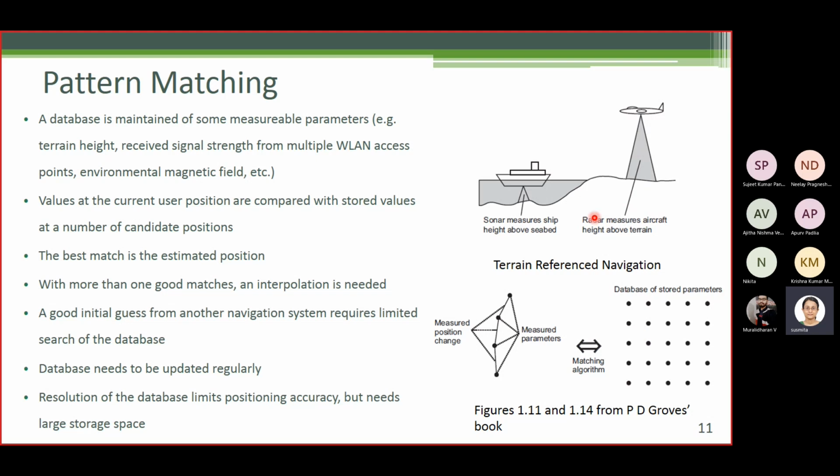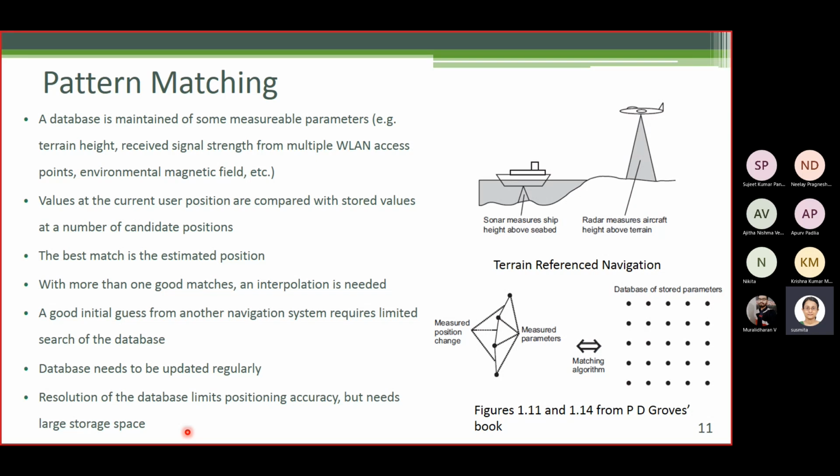This method works fine when the aircraft flies over uneven, hilly, or mountainous terrain. But when it is flying over a water body or over flat terrain, this will not work, and in this case we require information from other navigation systems. But this is helpful.